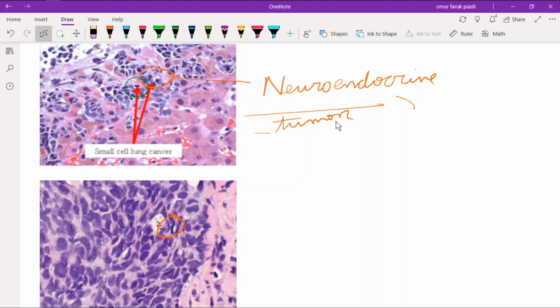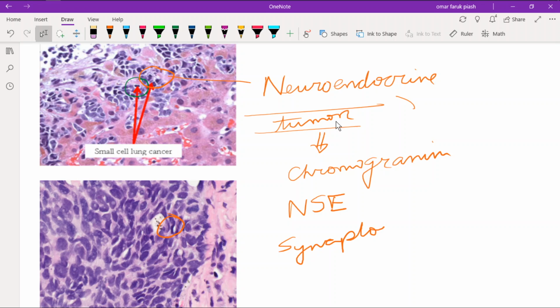And as it is a neuroendocrine tumor, there are some markers which are positive in neuroendocrine tumors, like chromogranin, neuron specific enolase, synaptophysin. They are positive in all neuroendocrine tumors.